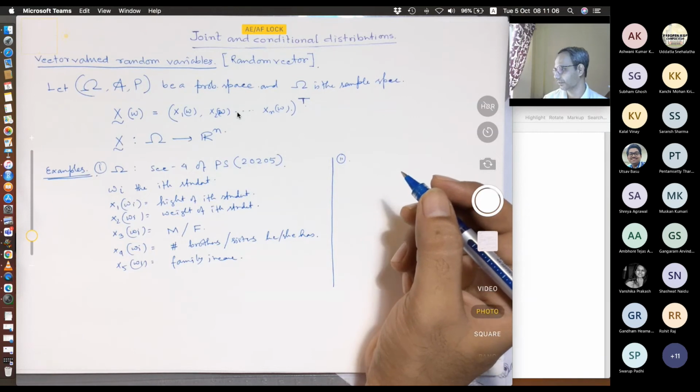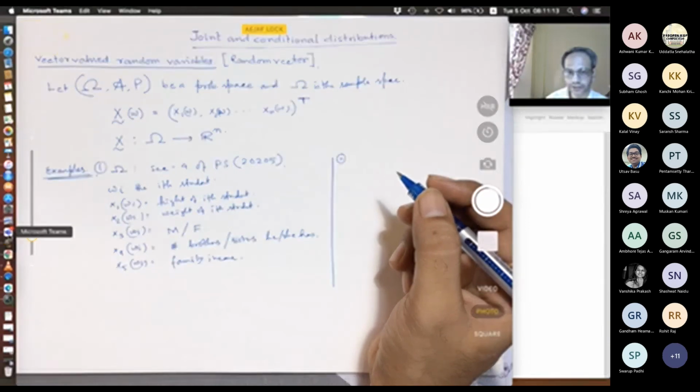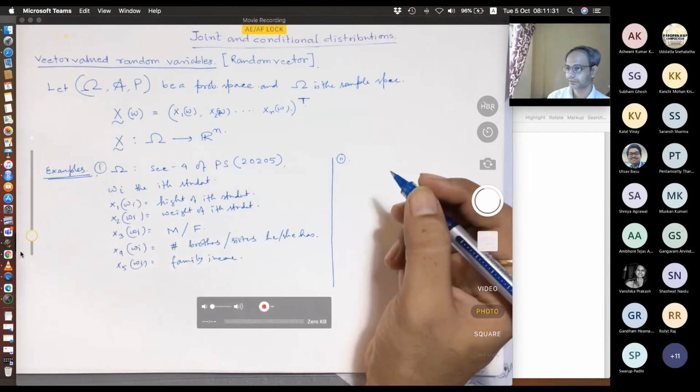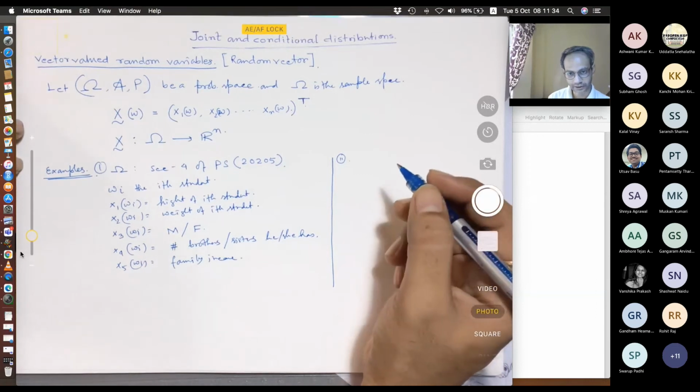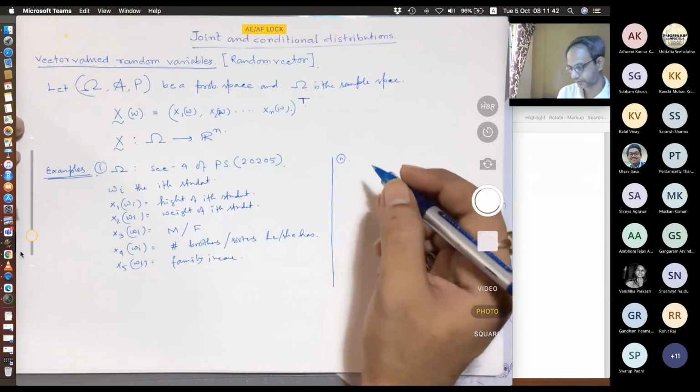Then it is an MS Team problem, which is beyond my scope. Sometimes it is getting blur and sometimes it is coming back. Okay, is it okay now? Yes, sir. Okay, so let us continue.